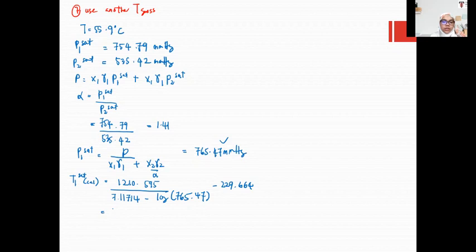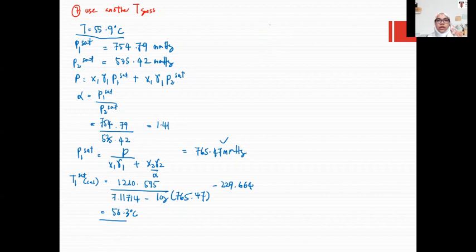The value is 56.3 degrees Celsius. So you may compare with this value. It is not the same as well, so you may proceed to the next iteration.